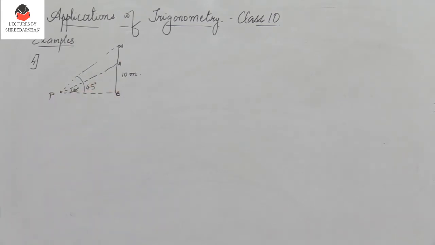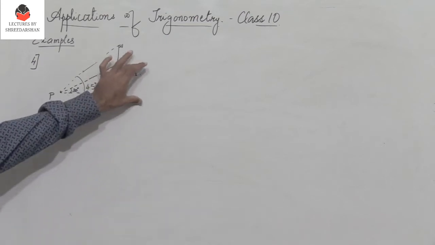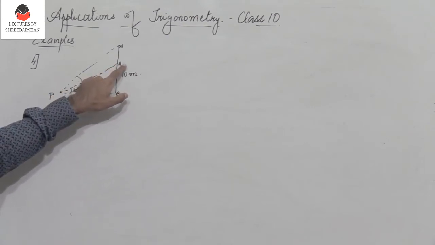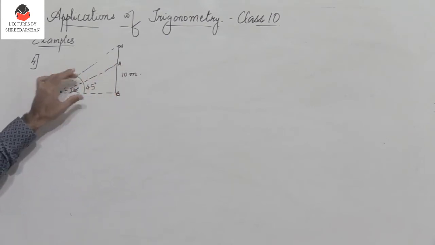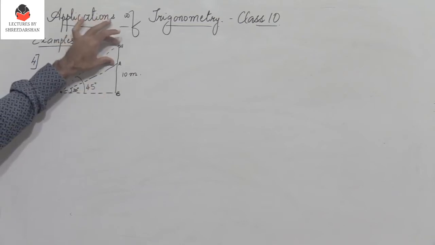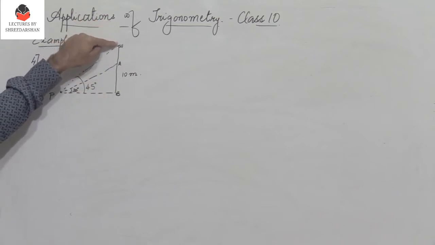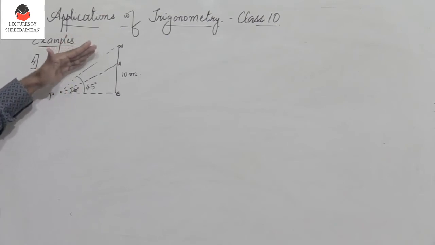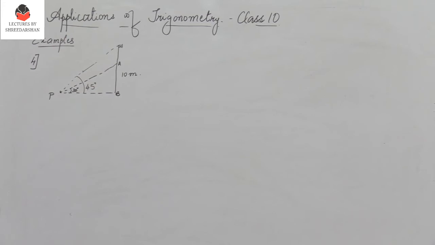So there are two things which have been given. From a point P, there is a building of length 10 meters. From the point P, if I observe the top of the building, which is point A, the angle is 30 degrees, and on top of the building there is a flag post. If I observe the top of the flag from the same point P, the total angle we make to the ground is 45 degrees.